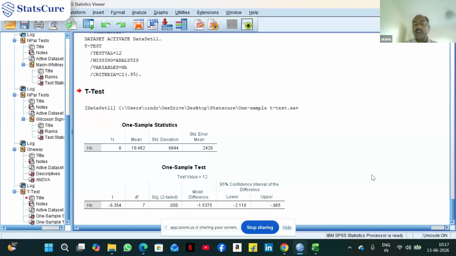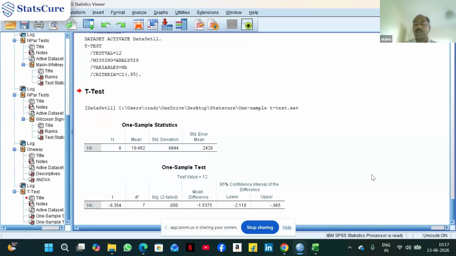It's not that we make a neck-to-neck comparison between 10.46 and 12. We are assuming this hypothetical value 12 has a distribution, and we check whether our sample of 8 patients follows the same type of distribution or not.